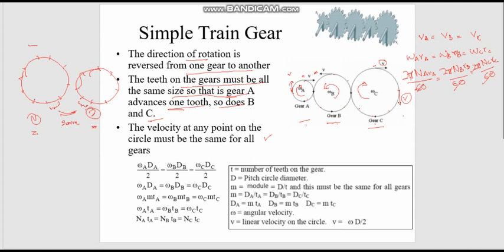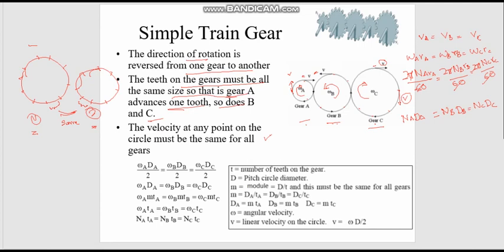So what I have is NA dA equals NB dB equals NC dC, right?